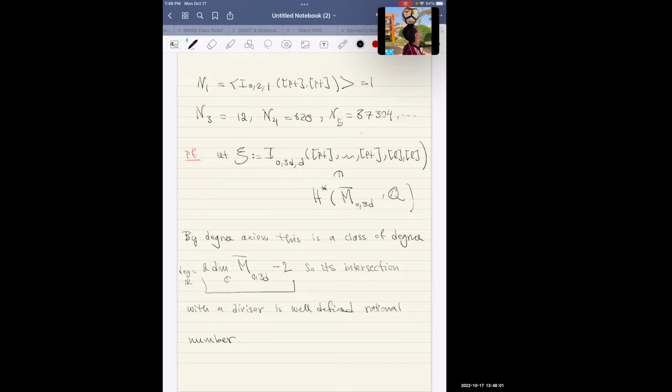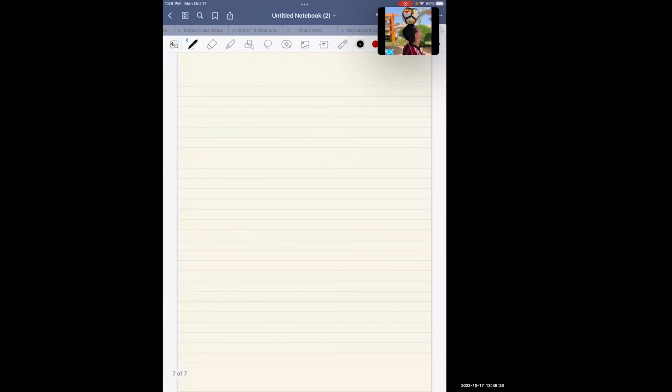And those curves, after being embedded into the ambient variety, pass through these configurations of points and lines. So this basically cuts out the locus of a divisor inside that moduli space. Therefore, because it's codimension 1, I can intersect it with a divisor. And I will get a well-defined rational number, because this cohomology class has coefficients in the field of rational numbers. Okay, so this is what it is.